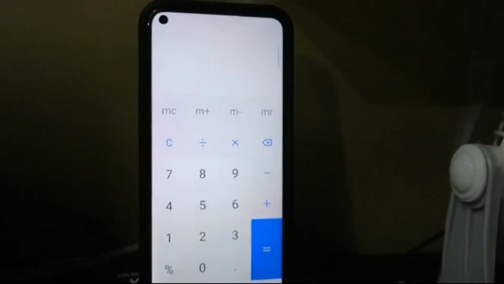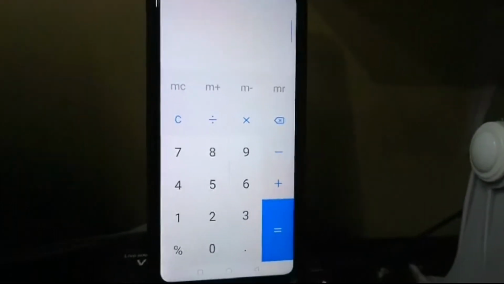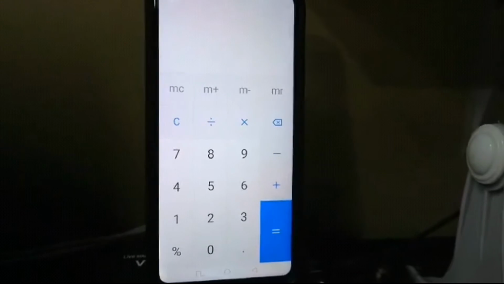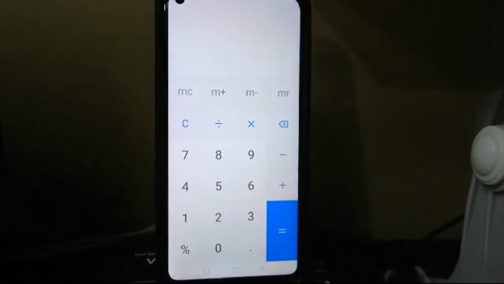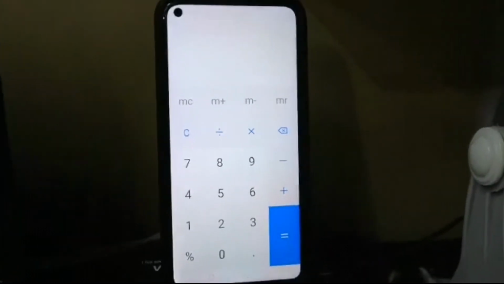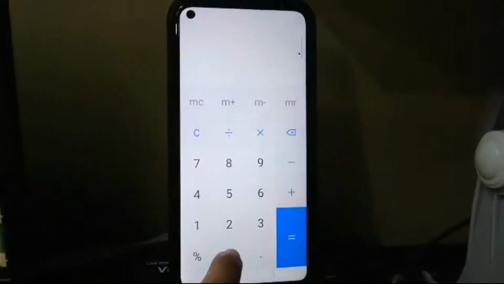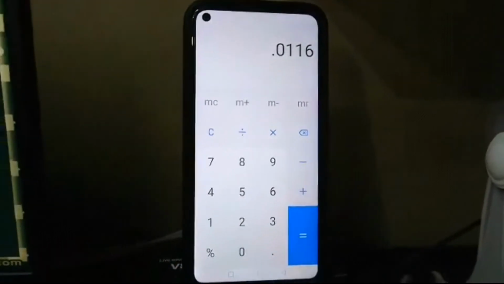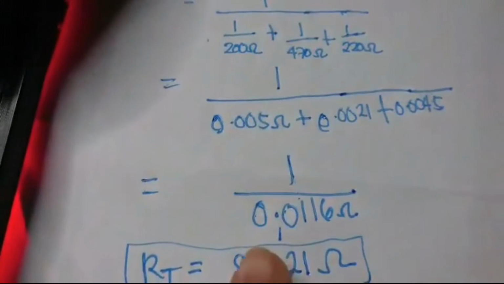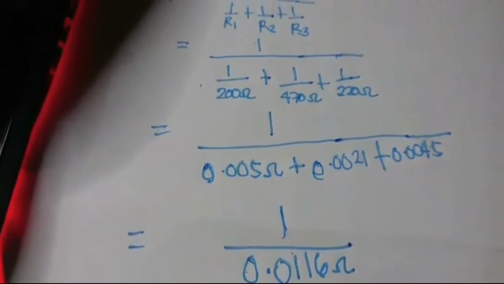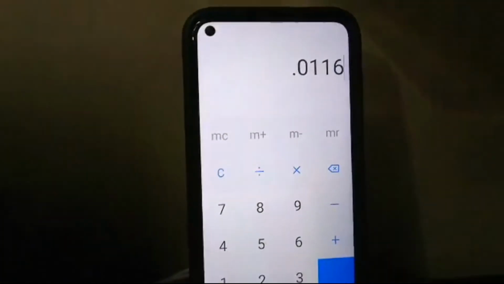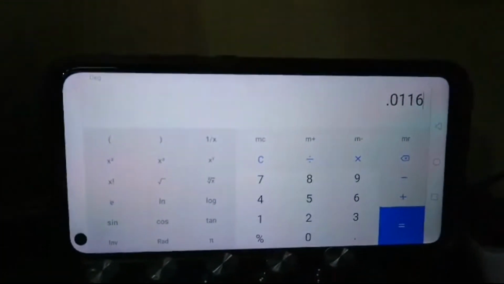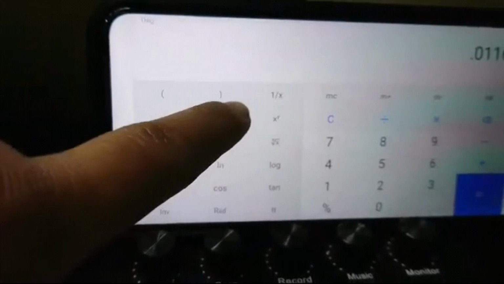But if you don't have calculator or scientific calculator in your home, you can use your cell phone. I will show you how. So before we get 0.0116, so how can we compute the 1 divided by 0.0116? So we use the inverse fraction. You just tilt your cell phone like this, then you look for this one.